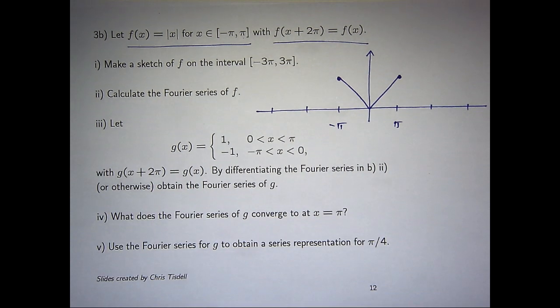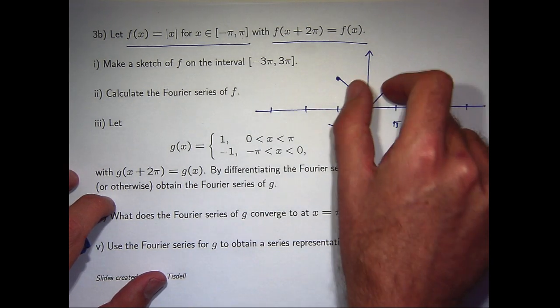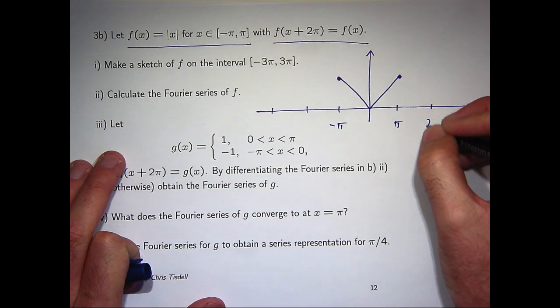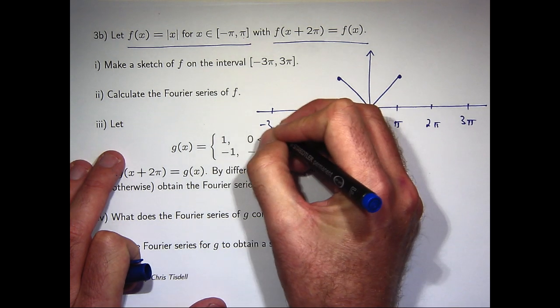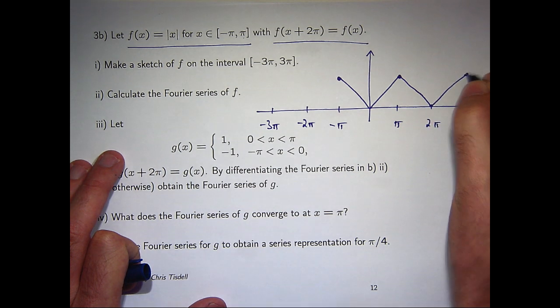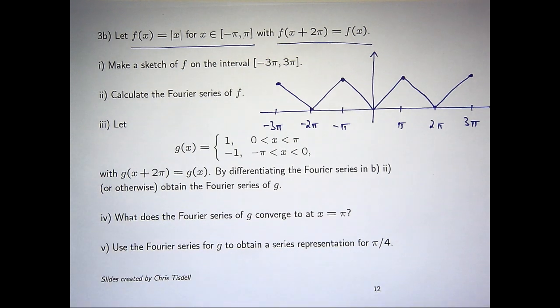This is our absolute value type function. We take that graph, copy it, move it to the right, and paste. Copy it, move to the left, and paste. All right, so we get something like a sawtooth wave.